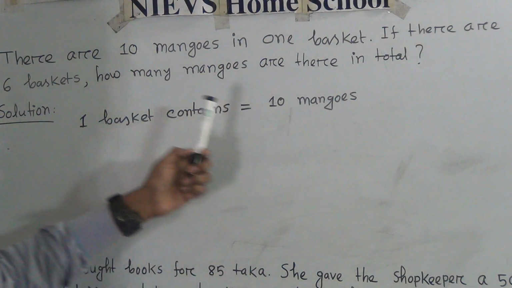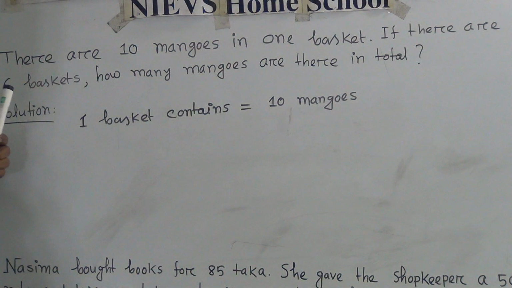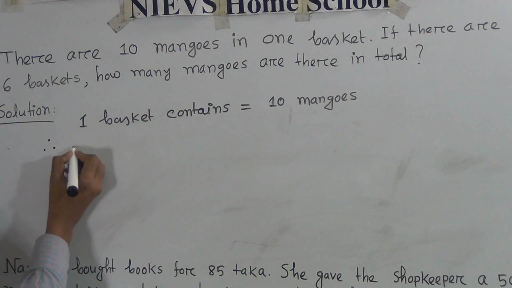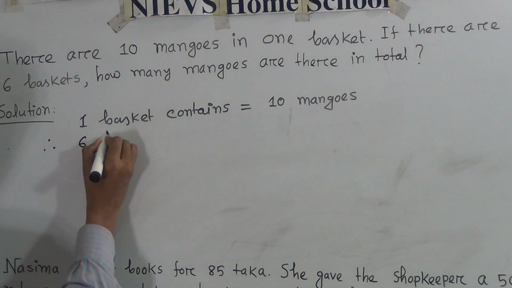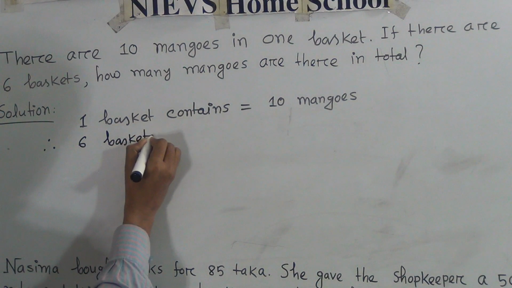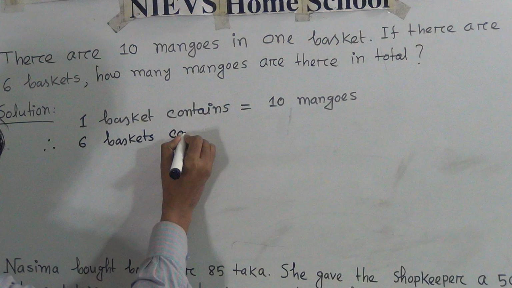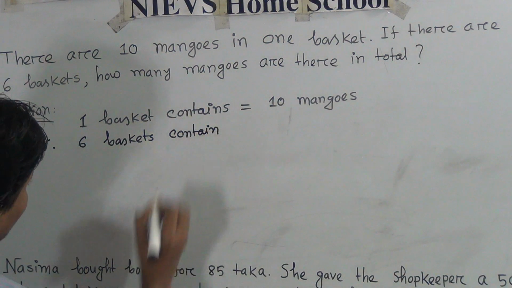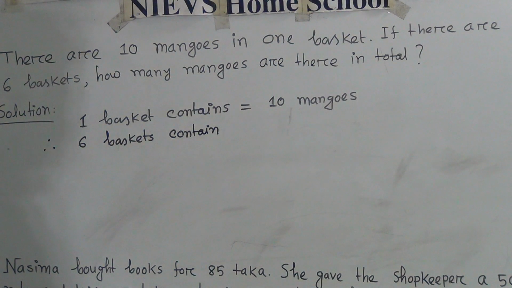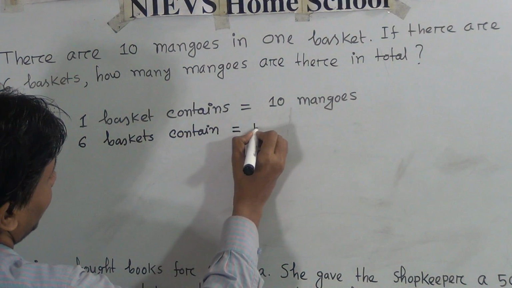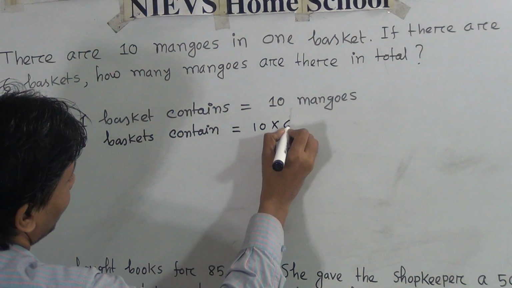Now see how many baskets? There are 6 baskets. Therefore, you write, therefore 6 baskets contain, so 6 baskets contain more mangoes. That means this will be multiplication. That means 10 into 6.